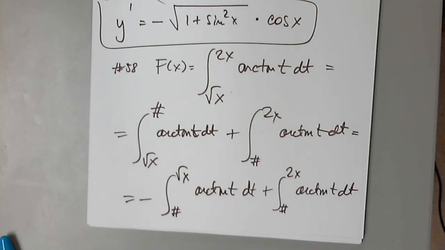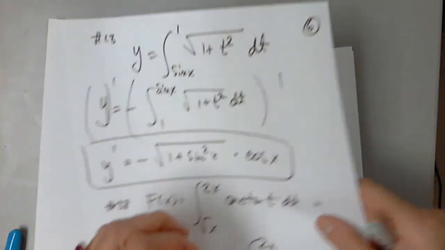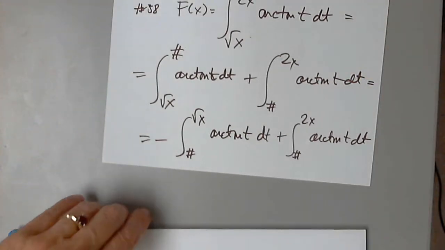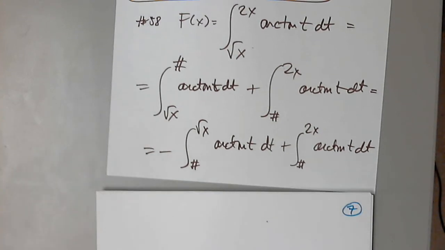We will differentiate the beginning, and we will differentiate the end. So can anyone give us F prime? So this one is a function given as a sum of 2 integrals. Okay, so I'm ready when you are.